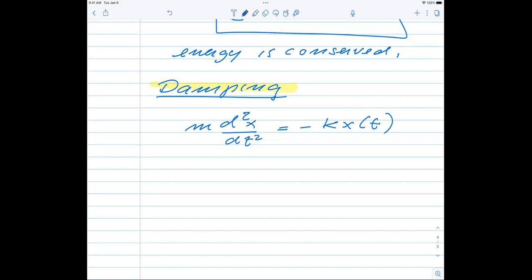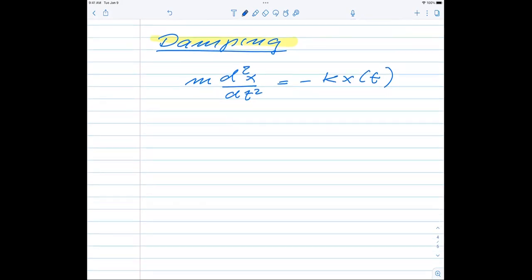Let's now assume that there is some kind of damping, and we add a velocity-dependent term. If you think back to the air resistance, which we looked at in one of the first exercises, we add a velocity-dependent damping term.